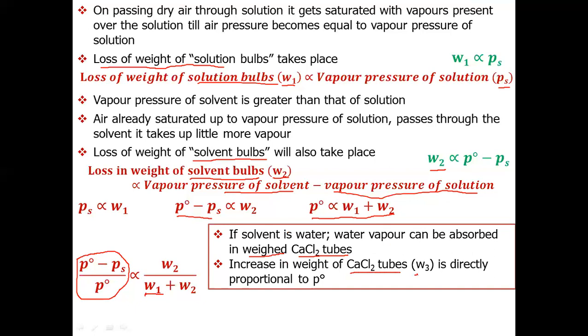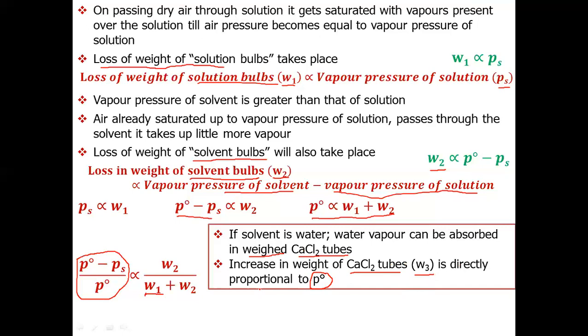If we denote W3 as the increase in weight of the tubes, which is equal to the weight of tubes after the experiment minus the weight before the experiment, this W3 will be directly proportional to the vapor pressure of pure solvent denoted by P naught, since dry air is carrying the vapors due to pure solvent.